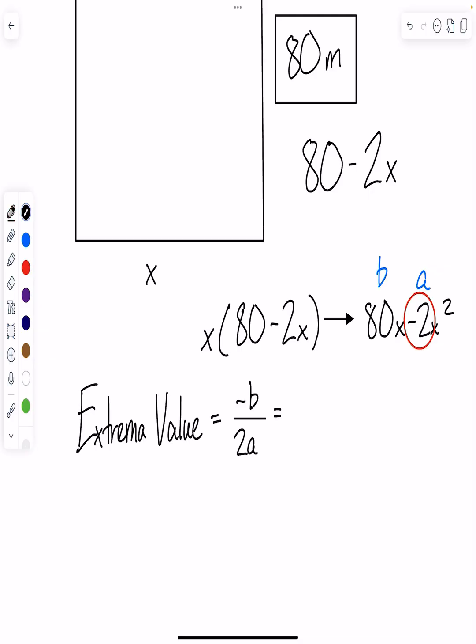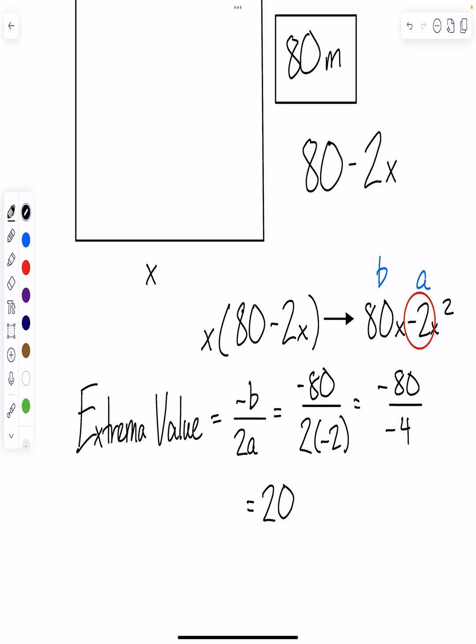So this comes out to -80 all over 2 times negative 2, which comes out to negative 80 over negative 4, which comes out to 20.